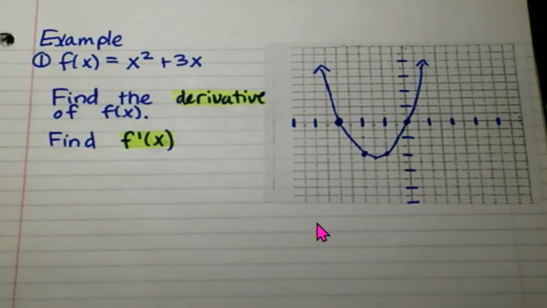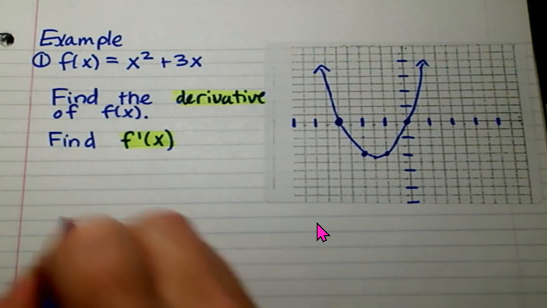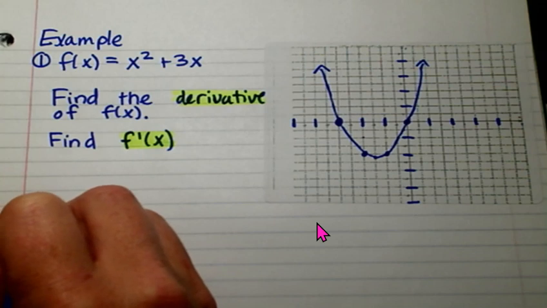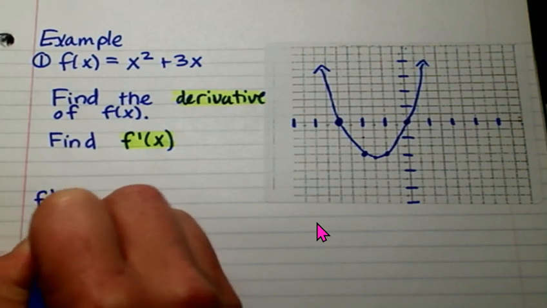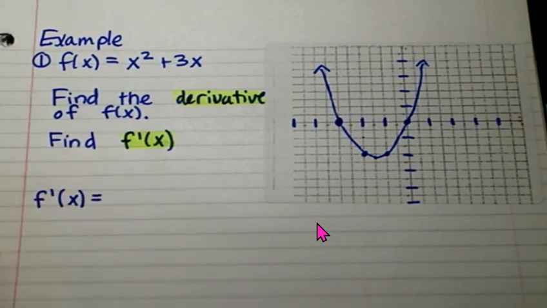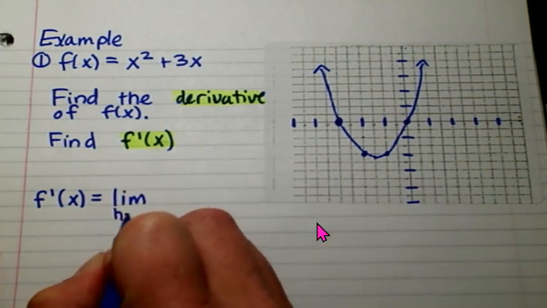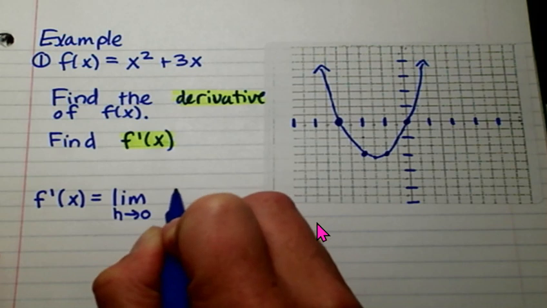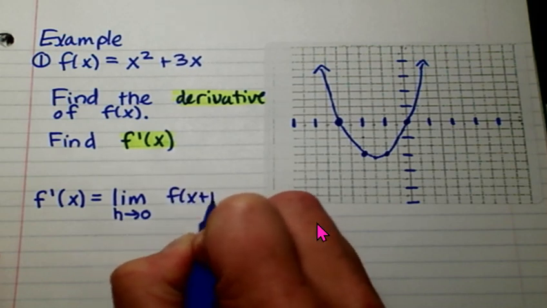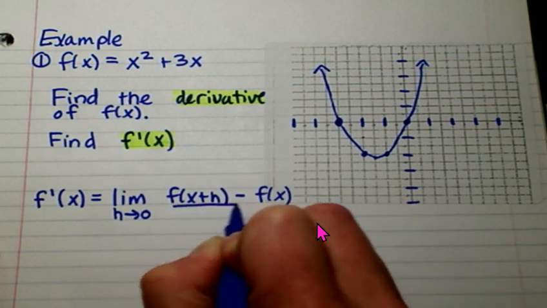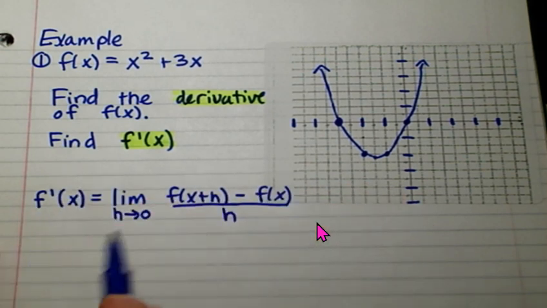So I'm going to write down that thing we put in the box at the end of our notes. That's what it is. Okay. F prime of x equals the limit as h approaches 0, f of x plus h minus f of x all over h.